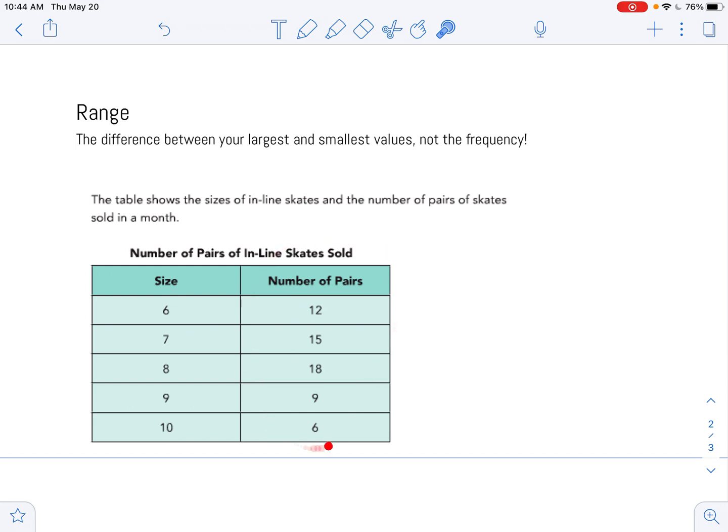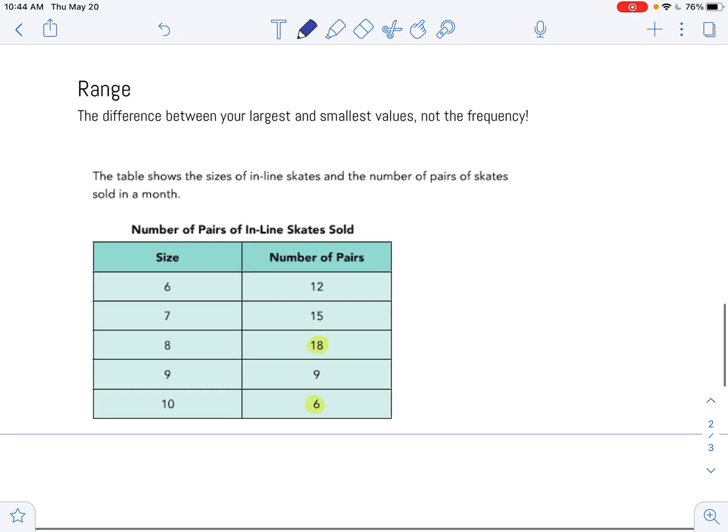We're focusing on our number of pairs of shoes. Okay, so I want to identify what my lowest and my highest values are. So as I look at my data table, I can see 6 is the lowest and I can see 18 is the highest. So to find the range, I'm just going to subtract those two, listing the largest first and then the smallest.